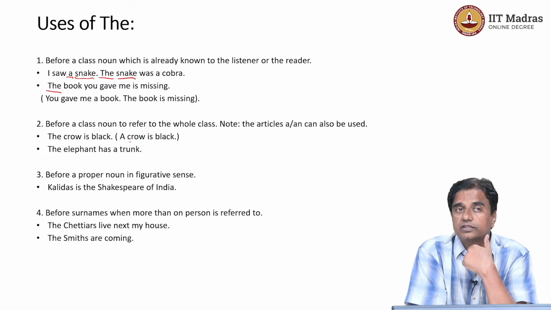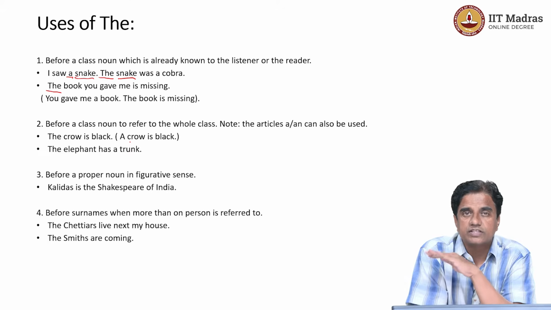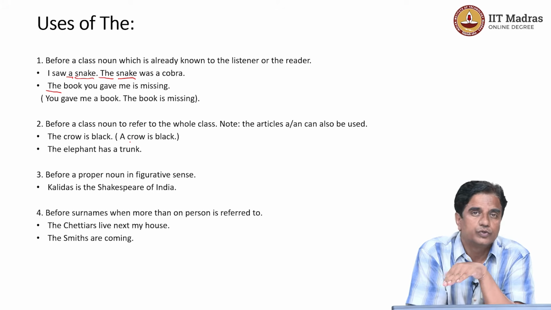We are talking about Kalidas, and in the second example, we are not really talking about Shakespeare. We are saying the Shakespeare of India, which means Kalidas is for India what Shakespeare is for some other place. So in this context, we can say Kalidas is the Shakespeare of India.